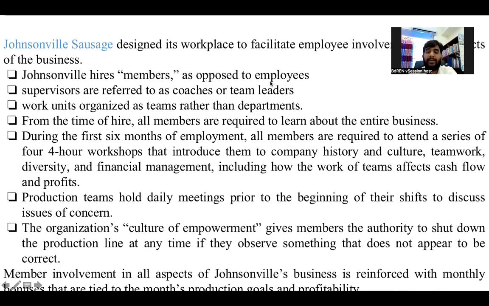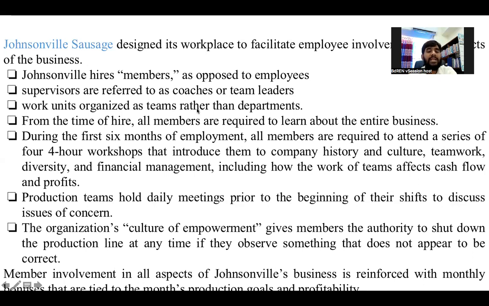Usually, companies hire employees, but they say that you are not the employee, you are a member of our company. Supervisors are referred to as coaches or team leaders. Usually we say production supervisor, but they say you are the team leader or you are a coach.